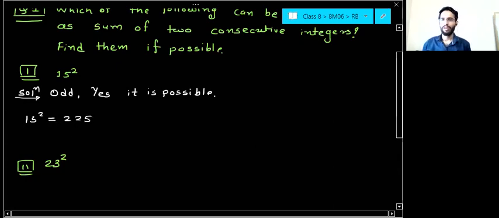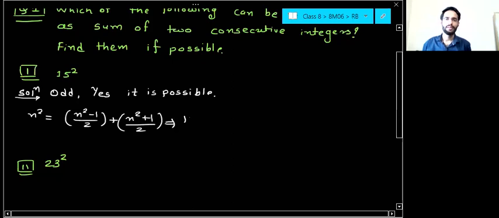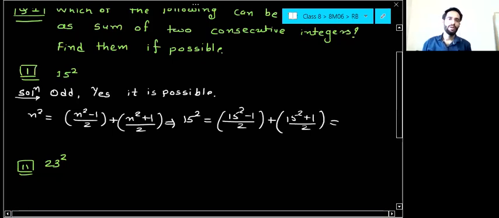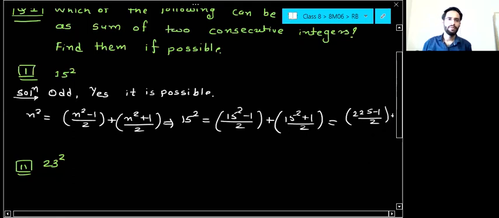Before that you should write like this, that n square can be written as (n square minus 1)/2 plus (n square plus 1)/2. Now put value of n as 15. So 15 square is equal to (15 square minus 1)/2 plus (15 square plus 1)/2. Now what is the value of 15 square? 225. So (225 minus 1)/2 plus (225 plus 1)/2.